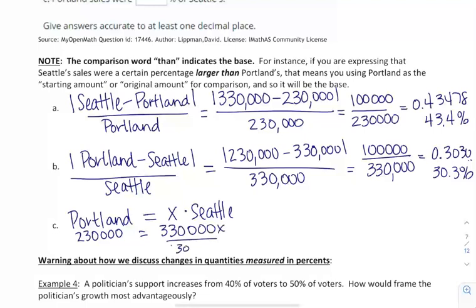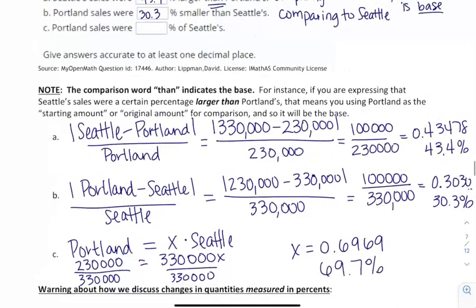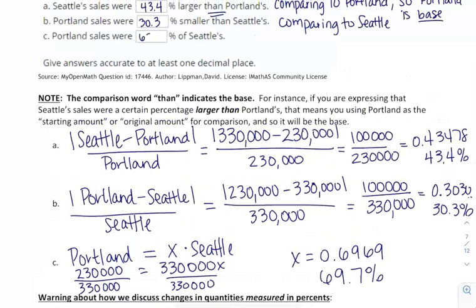There's your X, so we'll divide both sides by 330,000 to get our X. That gives 0.6969, so that's going to be 69.7%. So Portland is 69.7% of Seattle's, yet a third way of expressing this.